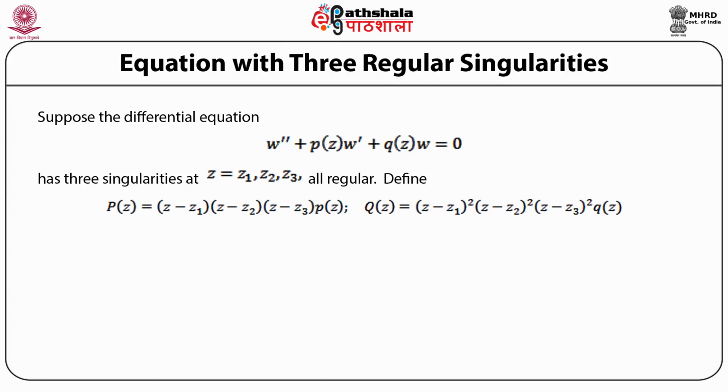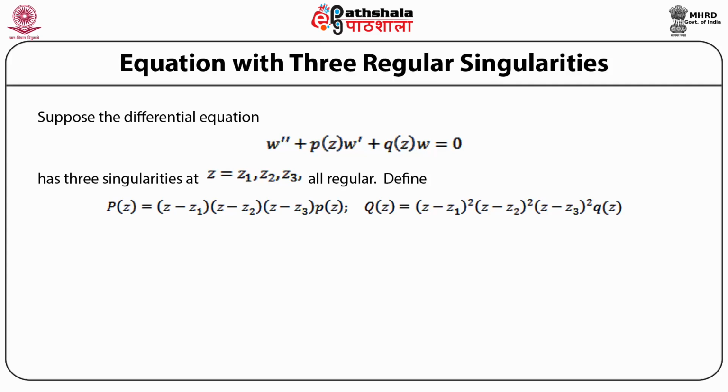Now we define capital P of z is equal to z minus z1 into z minus z2 into z minus z3 into small p of z. Capital Q of z is defined as z minus z1 square into z minus z2 square into z minus z3 square into small q of z.